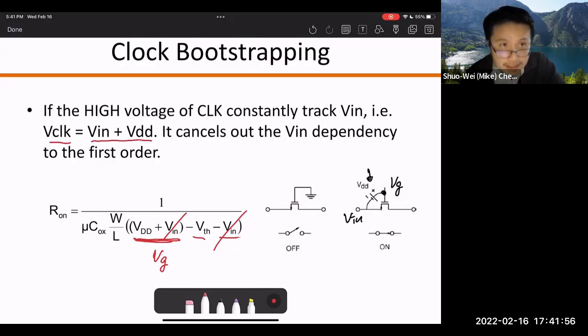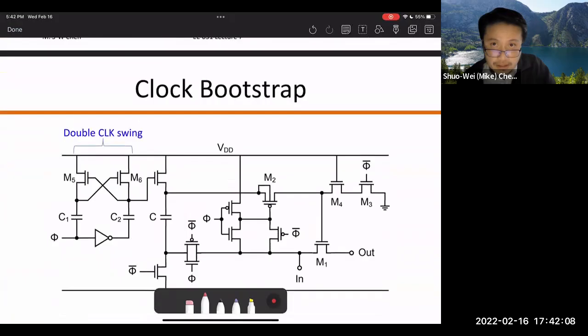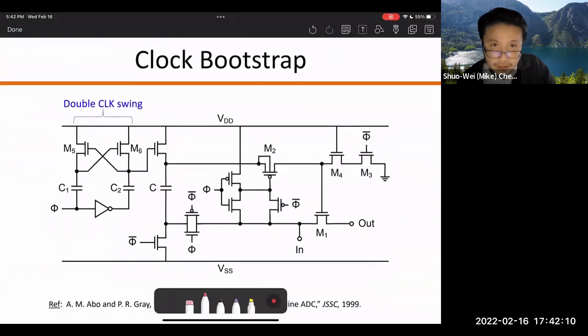So that's the beauty of this clock bootstrap circuit. Okay, that sounds good, and this is one example of how to implement it. There are, of course, different variations, but this is one of the most popular ones that people use.